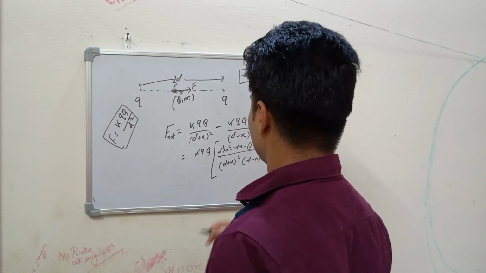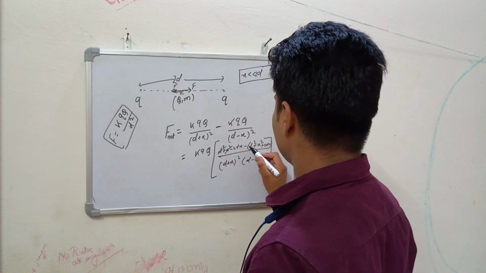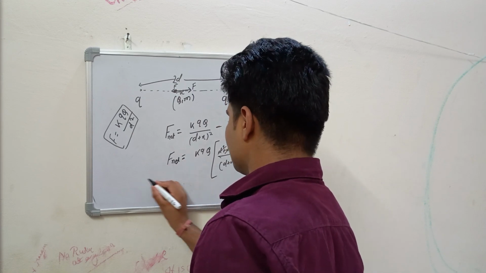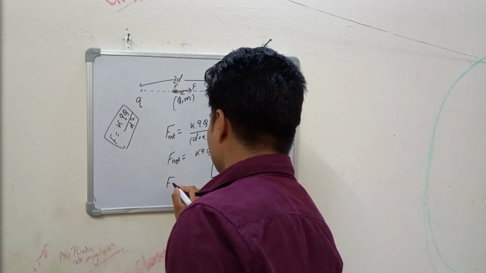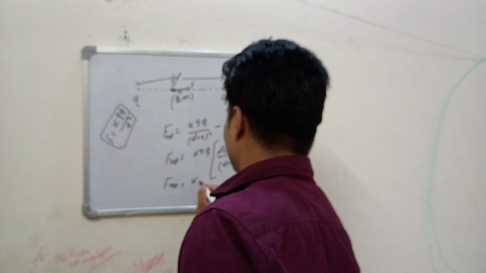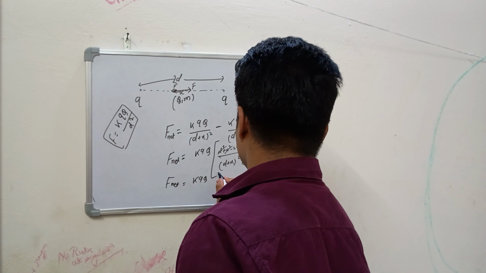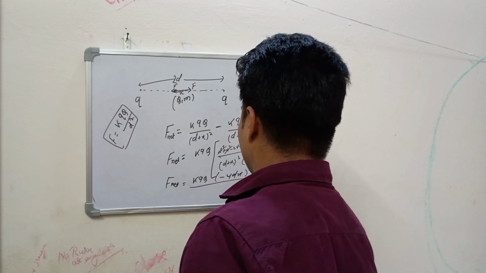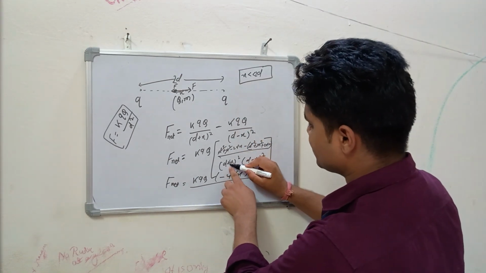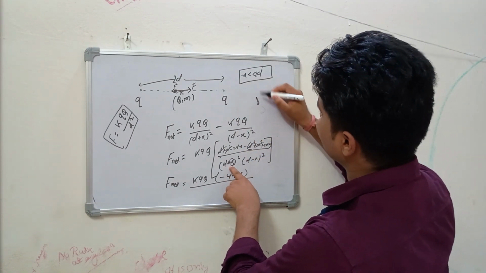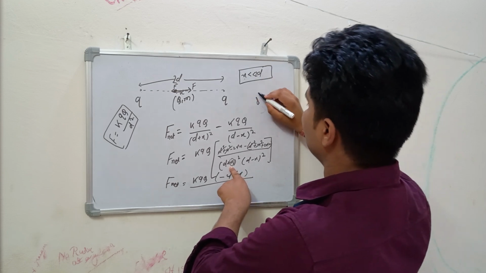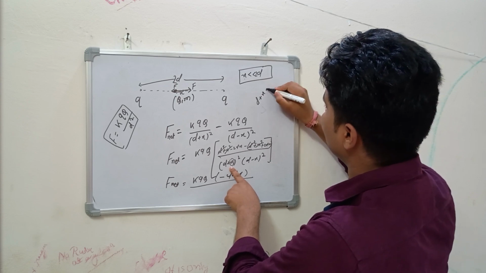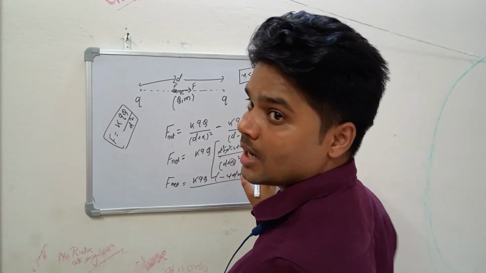Now the d squared minus x squared terms will cancel out, and we get F net equals KQq into minus 4dx. We can ignore x in d plus x, because if x is very less than 2d or d, then d plus x almost equals d. That's why I am ignoring this.